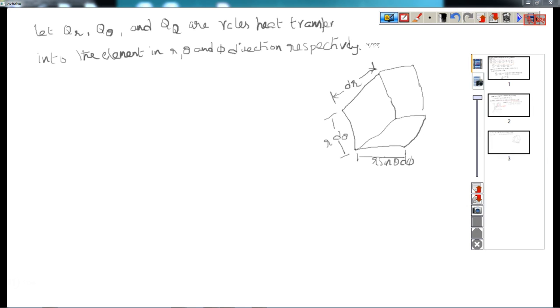Now I will show you in the diagram how the directions enter the system. I will take this color and a small line to show you. See, in the direction of dr, this is the dr direction.